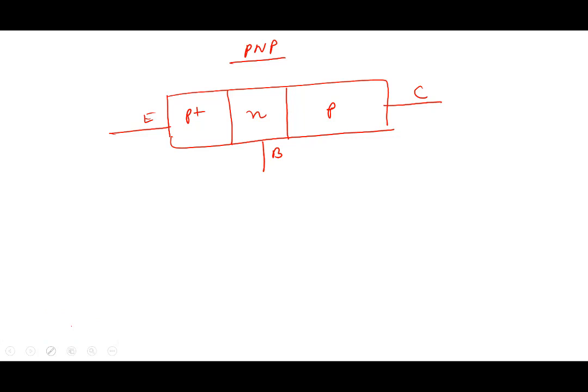We are interested in the forward active region. Looking at my PNP, there's a diode here, so to forward bias the base-emitter junction, I need to make VBE less than 0. The emitter has to be more than the base.